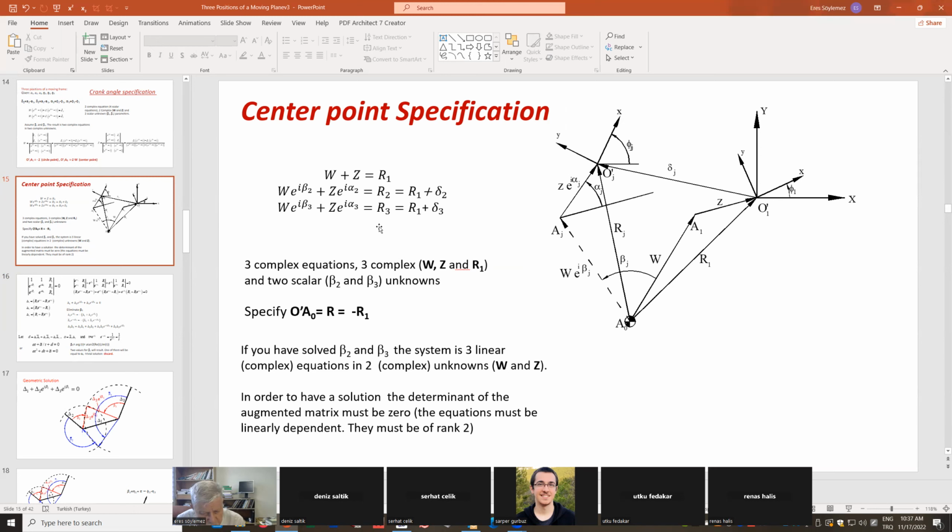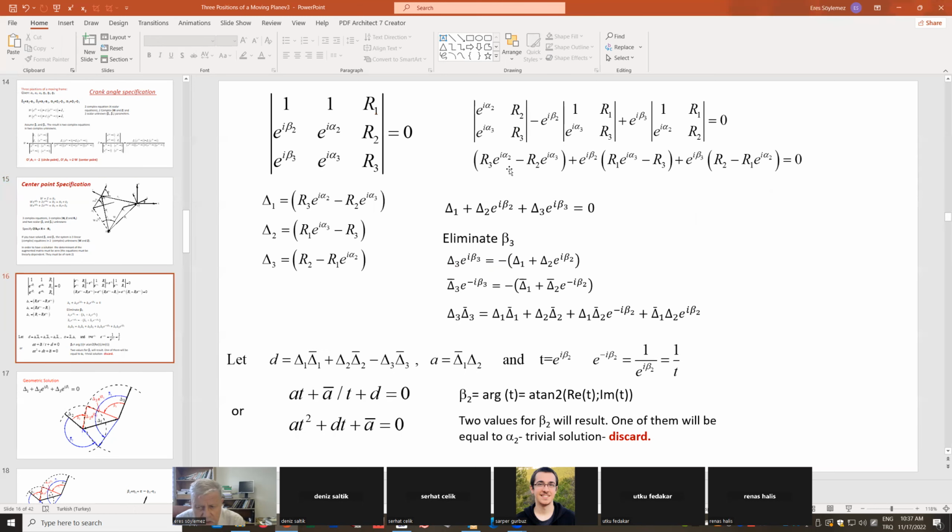So I know R1, R2, R3, correct? So I know alpha 2, alpha 3. I know every term in these parentheses. What I don't know in these equations is beta 2 and beta 3. Everybody see that?